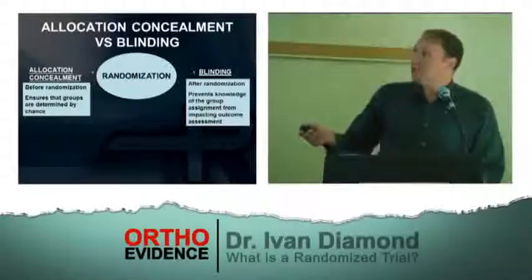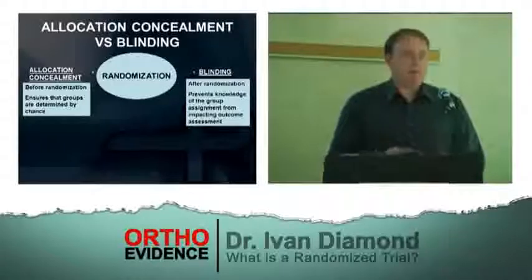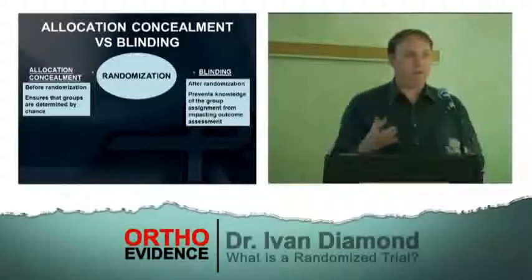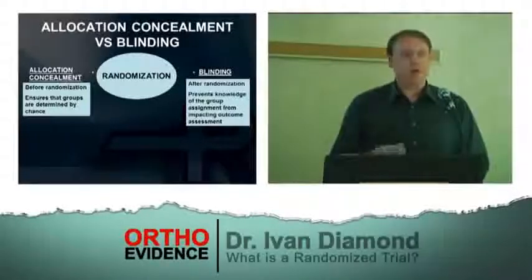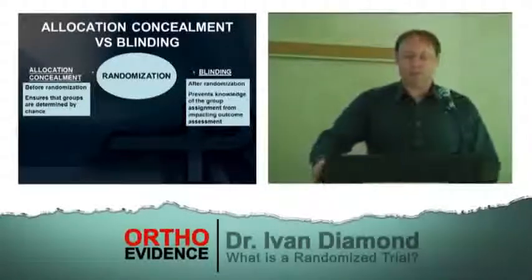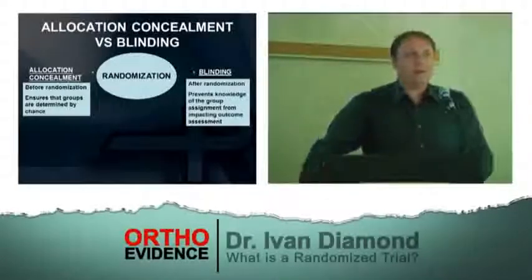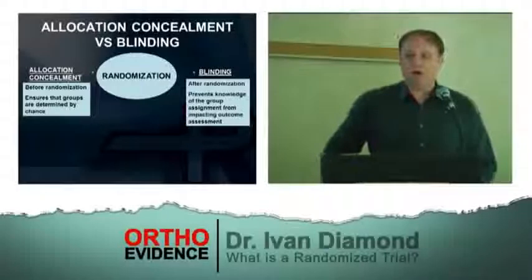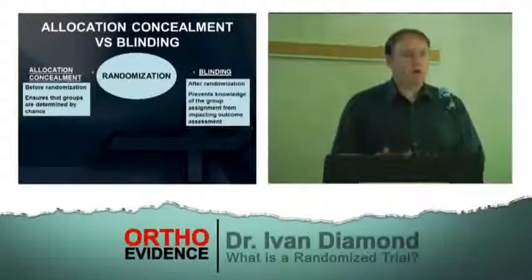So if you don't have allocation concealment, many people would argue that that's not a valid randomized trial, because the fundamental thing is that patients are allocated by chance and no other factors. And it has a huge impact in terms of biasing the results. Blinding has a much smaller impact in altering the results of a trial, and is not a necessary component for a randomized trial.